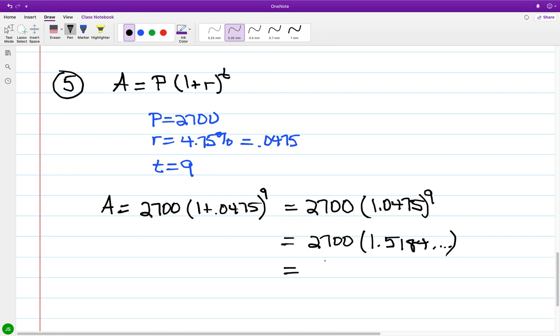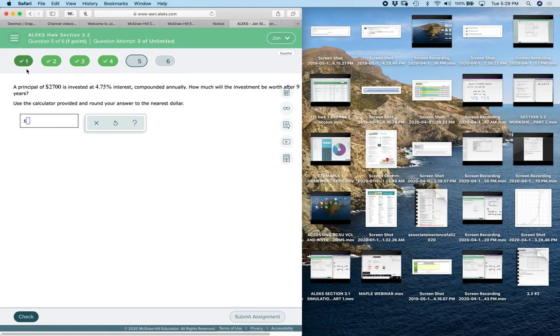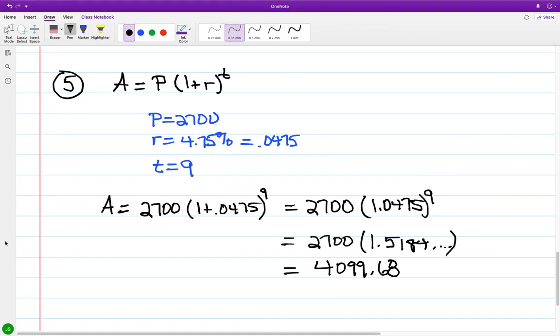So you have about $4,099.68. Okay, so rounding to the nearest dollar, this will be about $4,100.